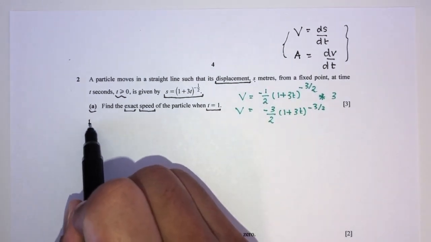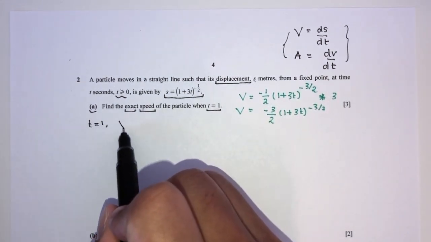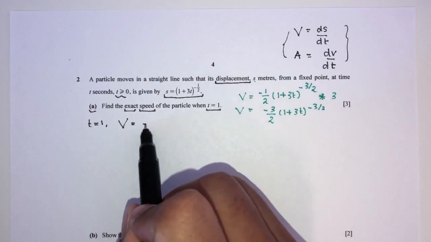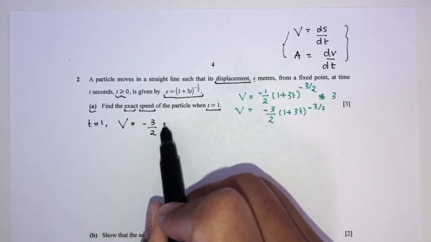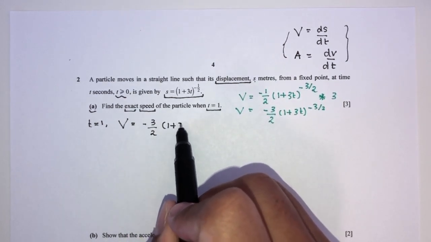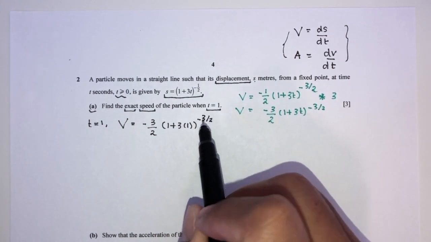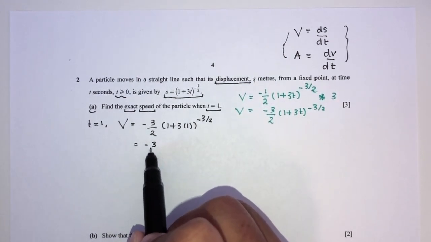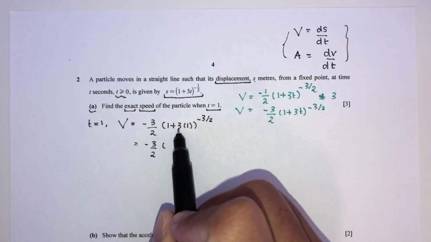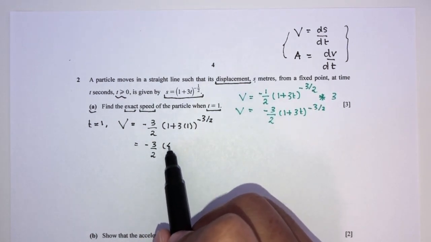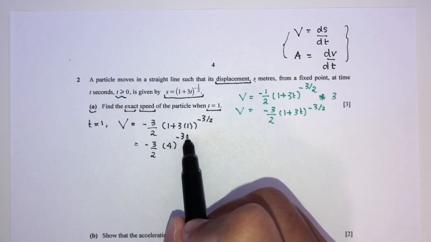So when time equals 1, let's see what happens to the value of v. That will be minus 3 over 2 times (1 plus 3 times 1) to the power of minus 3 over 2. So simplify: 1 plus 3 is 4, so 4 to the power of minus 3 over 2.